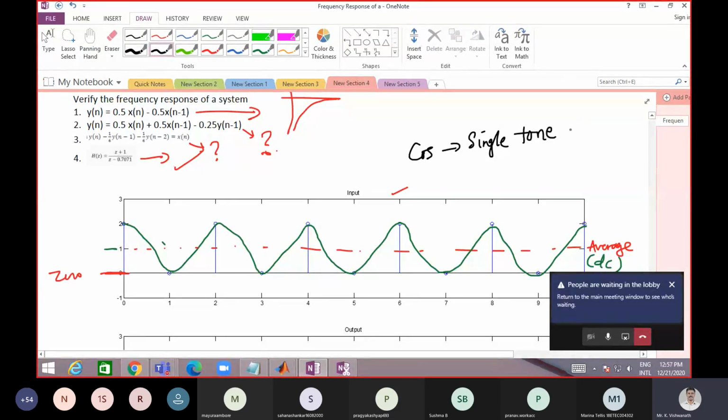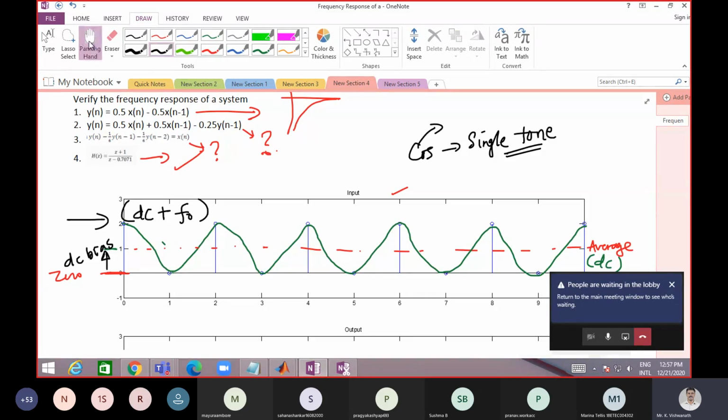In analog communication you would have gone through this term actually. Cosine is made up of a single frequency. Now that single frequency is shifted up, that is, the DC bias is given. Therefore this signal overall has two components, that is the DC bias plus the frequency of the cosine.